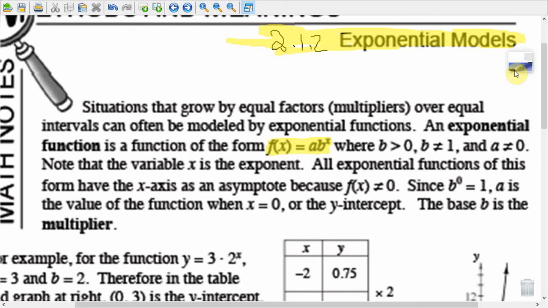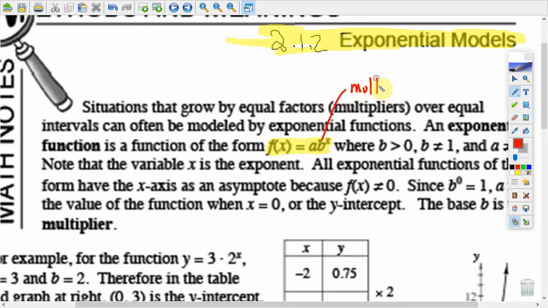Since b to the 0 is 1, a is the value of the function when x equals 0, or the y-intercept. The base b is the multiplier. So let me reword that a little bit. b is our multiplier. a, we're going to call our initial value.